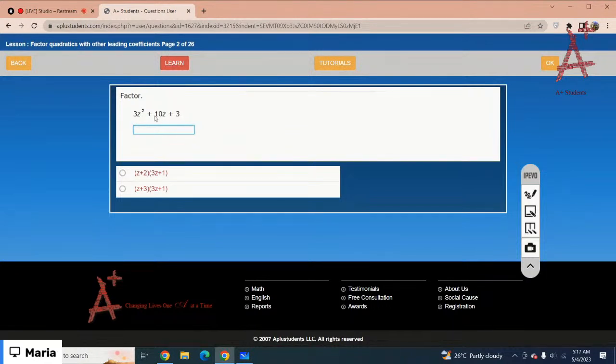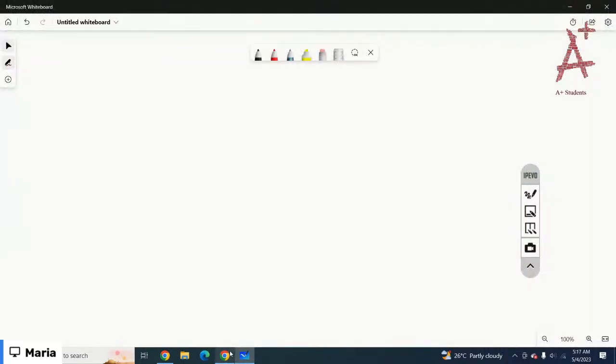The next one is 3z square plus 10z plus 3. So you need to multiply the coefficients of 3 and 3. So you need to do 3 times 3. 3 times 3 is 9.